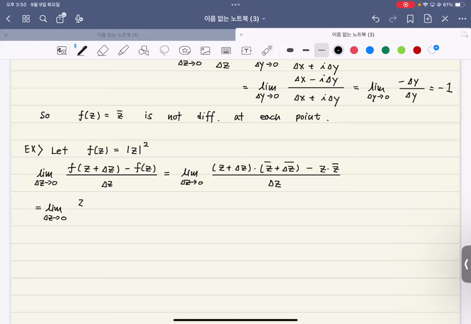So z times z bar plus z times the complex conjugate of delta of z, and delta of z times the complex conjugate of z, plus delta of z times delta of z, everything conjugate, minus z times z bar, and everything divided by delta of z. Well, this is some tedious algebra, but these two guys cancel each other.